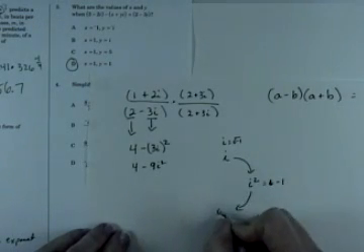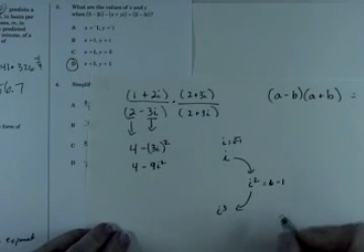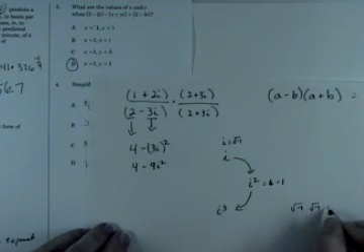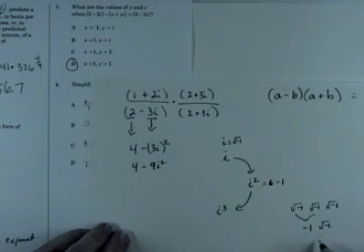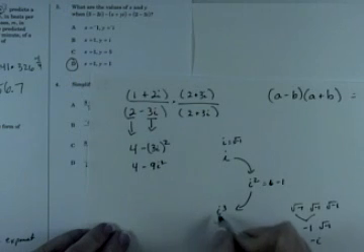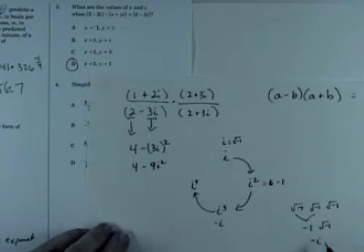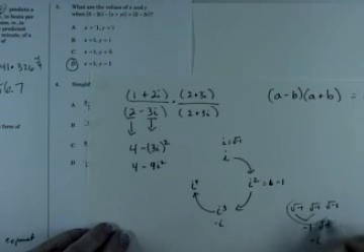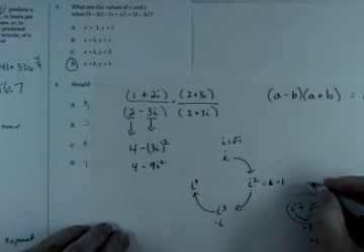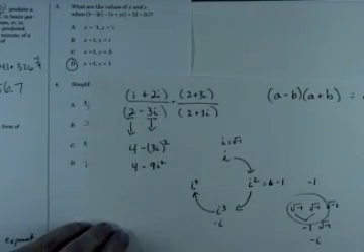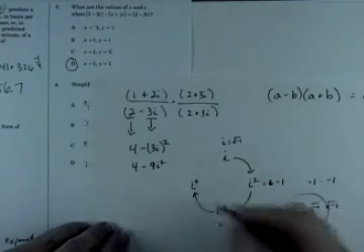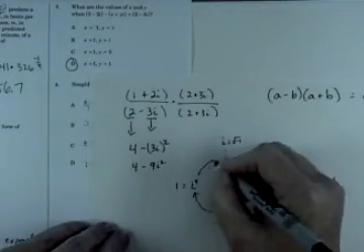If I keep going, i cubed: square root of negative 1 times the square root of negative 1 times the square root of negative 1 is negative 1 times the square root of negative 1, which is negative i. Keep going on my wheel. i to the 4th power would be negative 1 times negative 1, which is 1. And then we're back around.